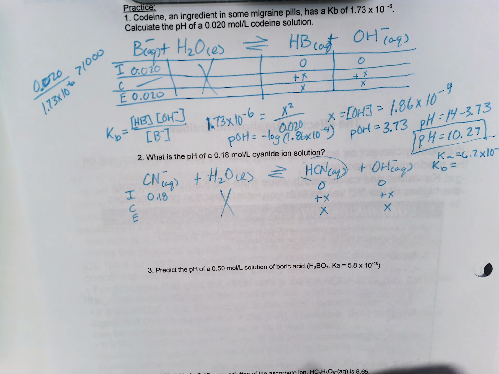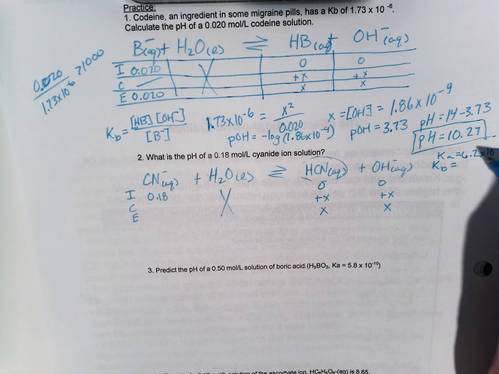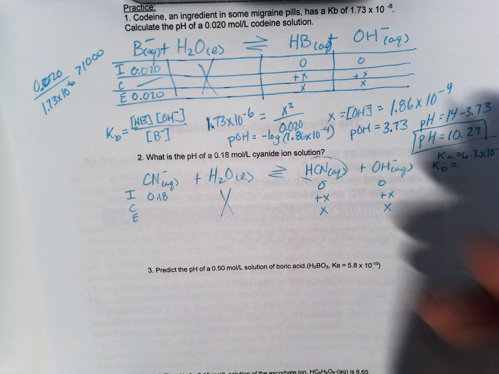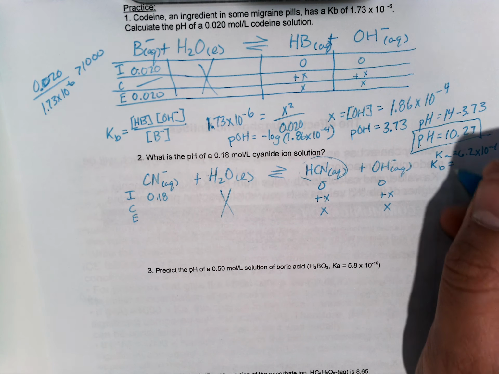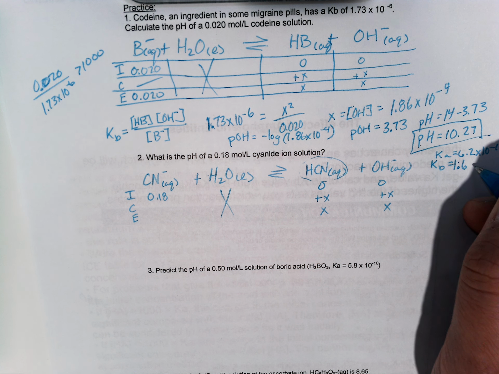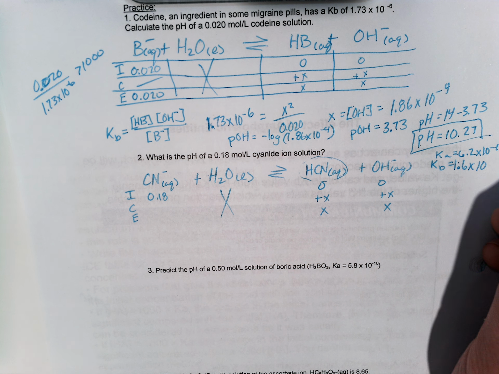Okay, to find a Kb, I just go my Kw divided by Ka, so 1.0 times 10 to the minus 14 divided by 6.2 times 10 to the minus 10. So 1.61, or actually, yeah, 1.6 times 10 to the minus 5.